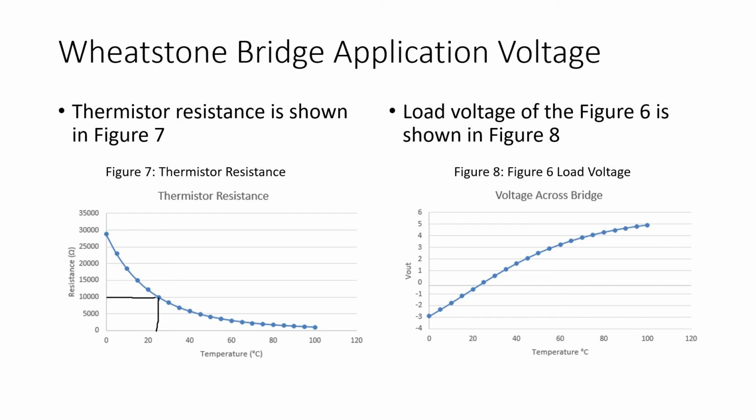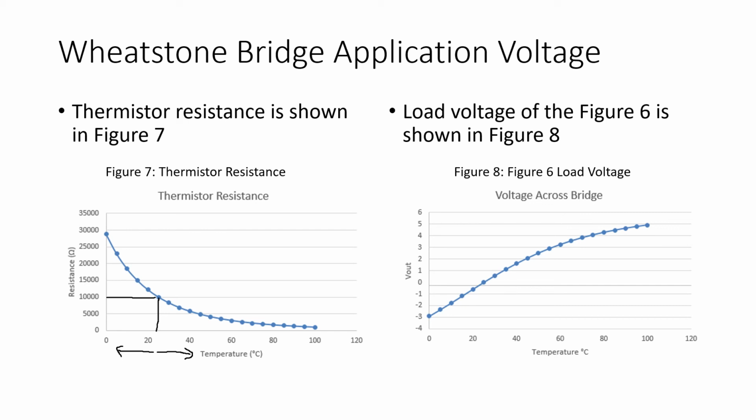At temperatures below 25 degrees Celsius, the resistance increases. At temperatures above 25 degrees Celsius, the resistance decreases. Therefore, at temperatures below or above 25 degrees Celsius, the bridge will be out of balance.